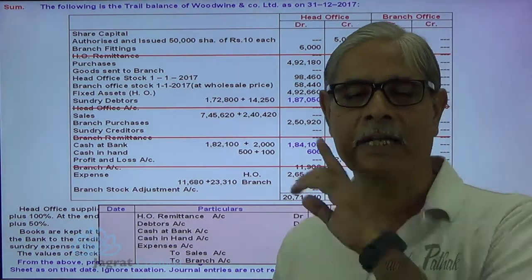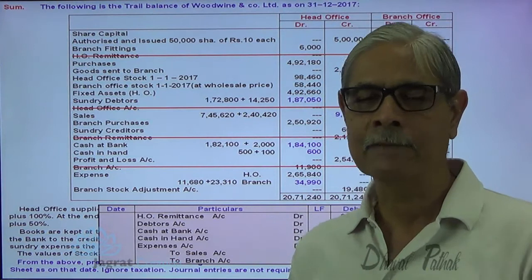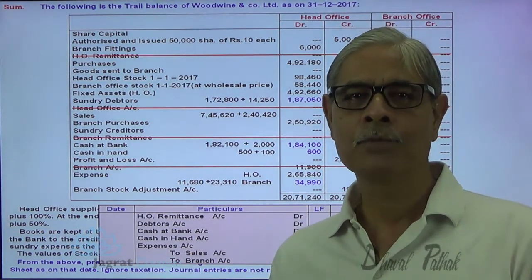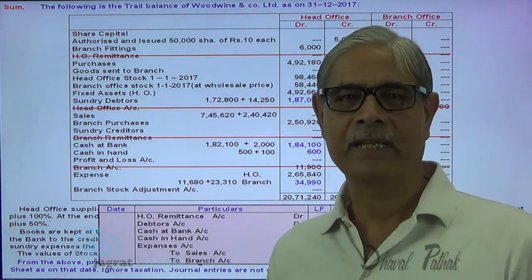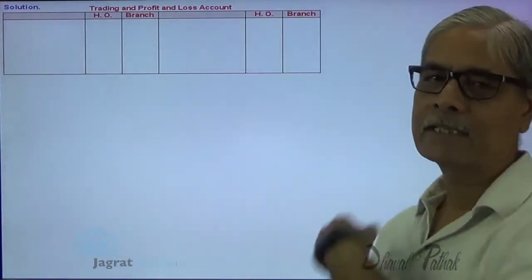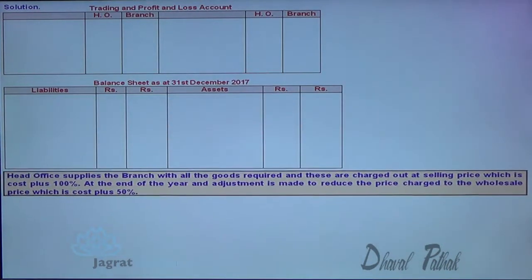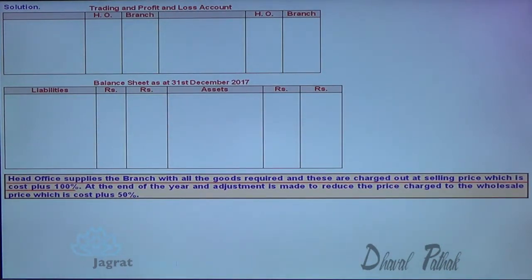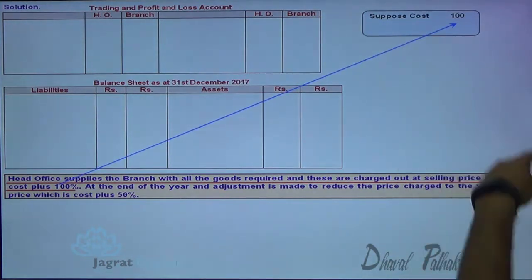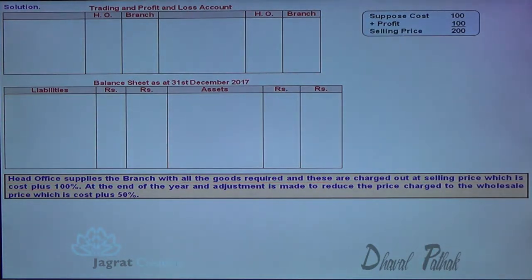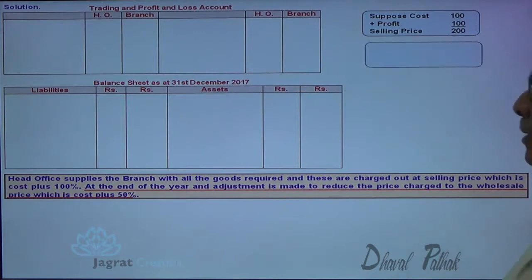The effect of the absorption entry is already reflected in the trial balance. Now I start preparing the columnar trading profit and loss account and the balance sheet. So this is a columnar trading and profit and loss account. This is the balance sheet. Now when the goods are sent, load was 100, cost plus profit 100, so 200. At the end of the year, the adjustment is made for stock 50% load.